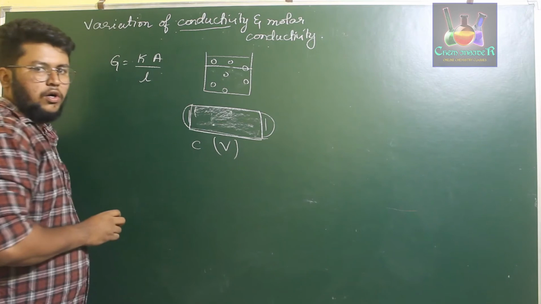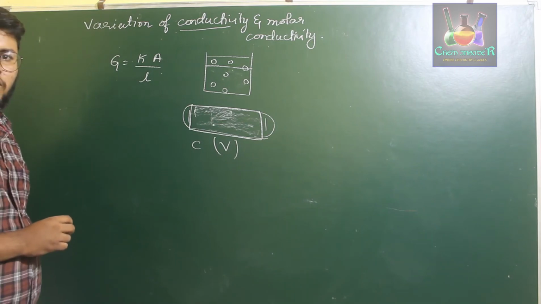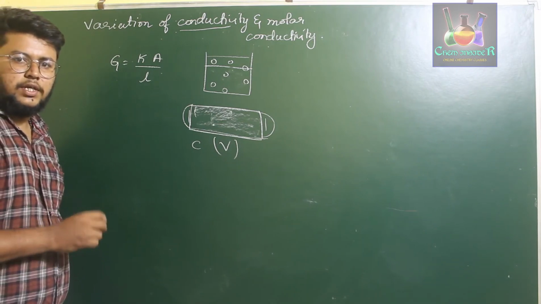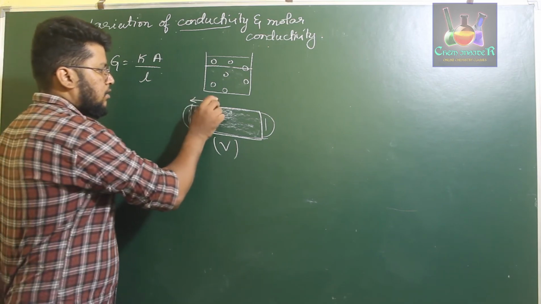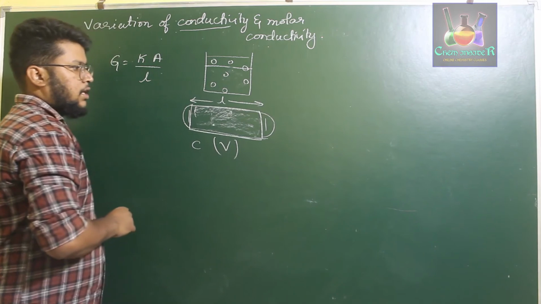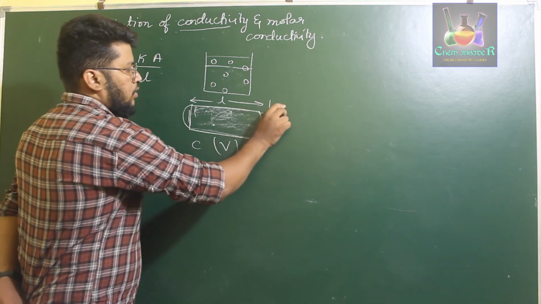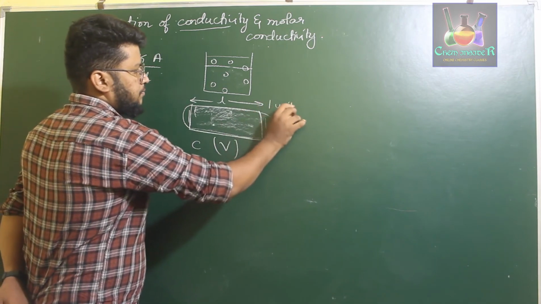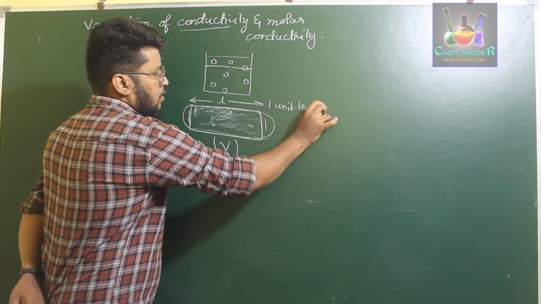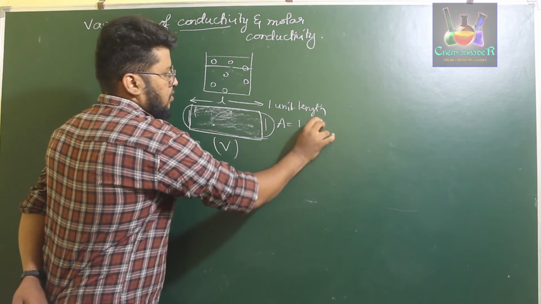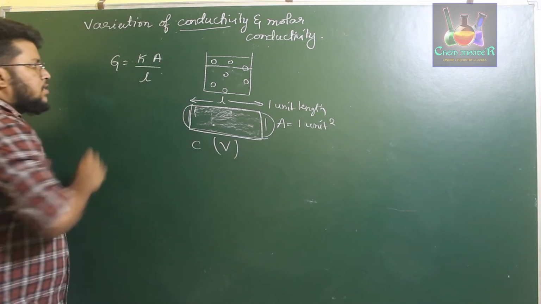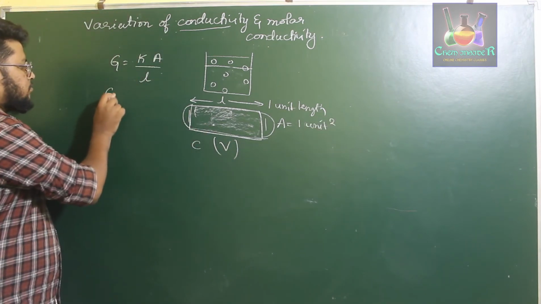Consider a solution of volume V, which is taken in a conductivity cell where the electrodes are separated by a length L equal to 1 unit length, and having an area of cross section of 1 unit square. Then G will be equal to kappa.